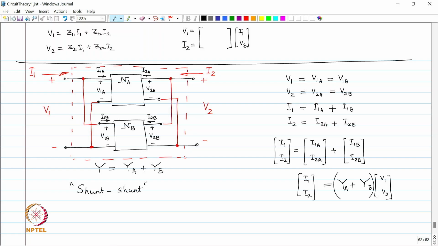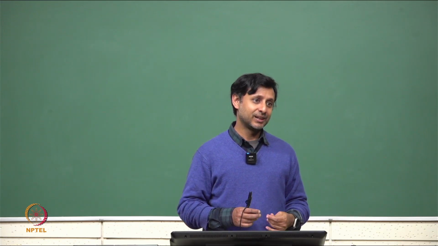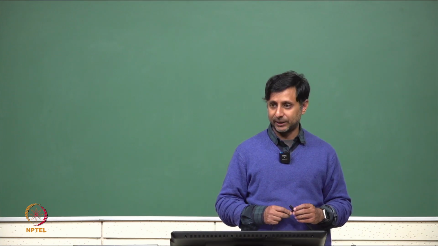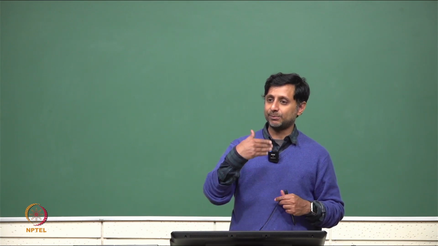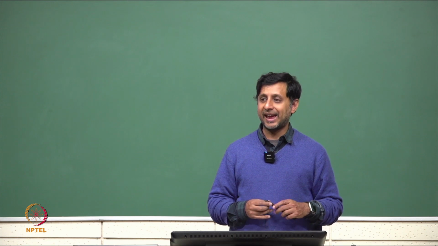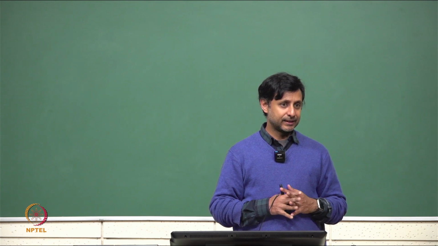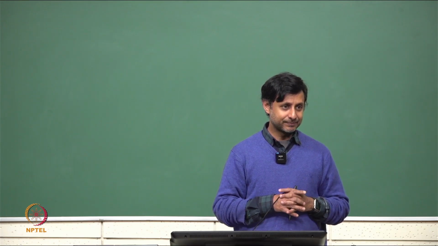Just like that, when the two port networks are in shunt, then you are going to use y parameters, the admittance parameters, and the admittance parameters are going to add with each other. Is this okay?